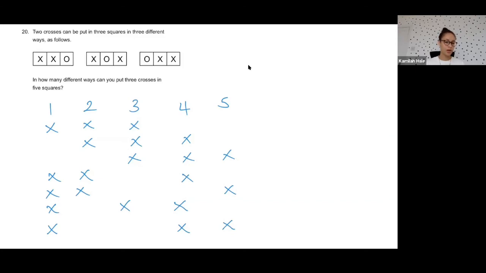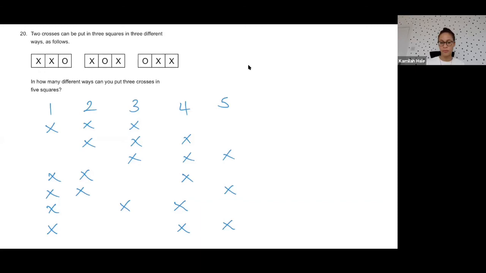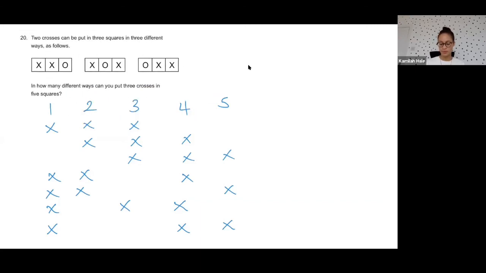Then what other combinations can I have? Do you want to type in the chat? You can use X's and zeros to show me what other combinations are possible that I haven't got already. I've already got ones with the 3 crosses together because we did those ones first.